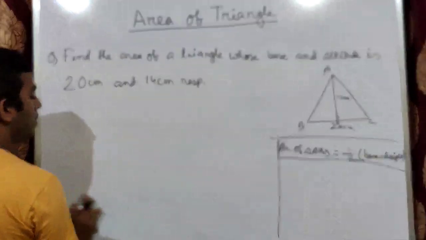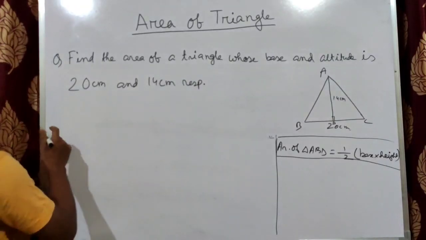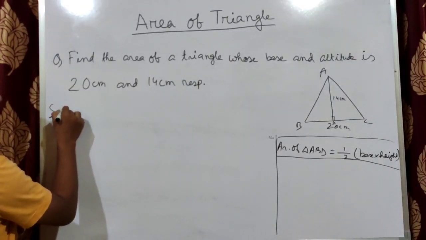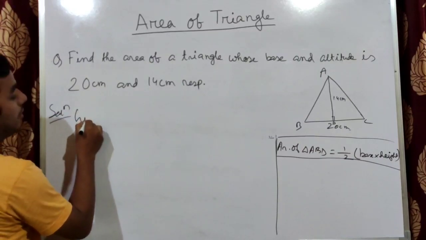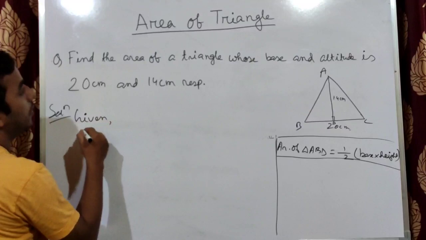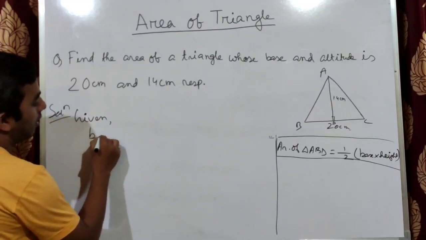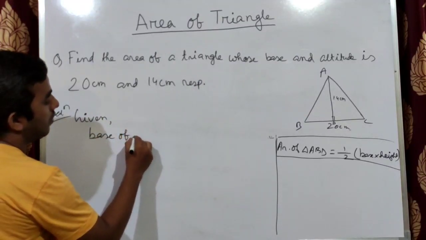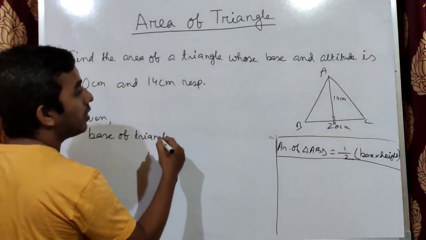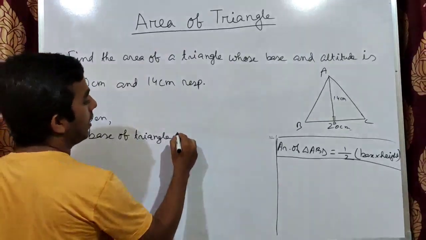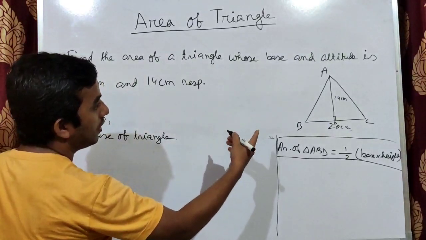So first of all we have to write solution, right? Solution, then the information given in the question. So we'll write like this: given, base of triangle ABC. The base is which?